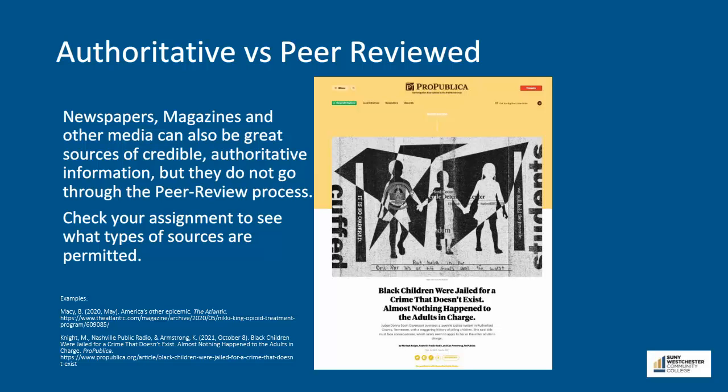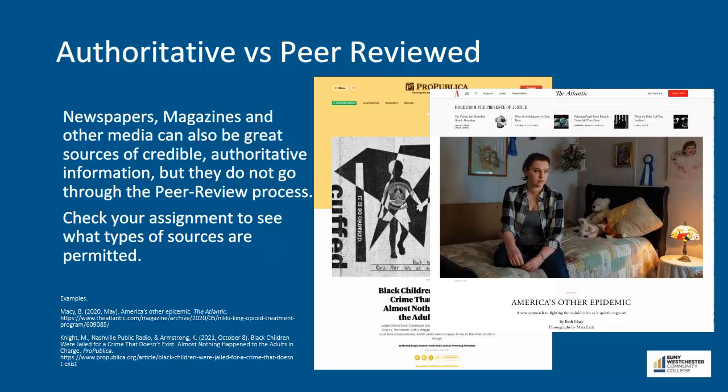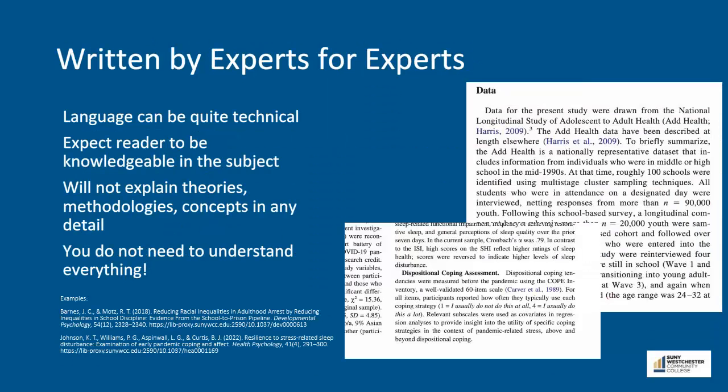While these publications are considered authoritative and credible sources, their articles are not peer-reviewed. There isn't anything wrong with them. They've just not gone through the same process as peer-reviewed articles. Check your assignment or with your professor to be clear about what kinds of sources are acceptable for your paper.